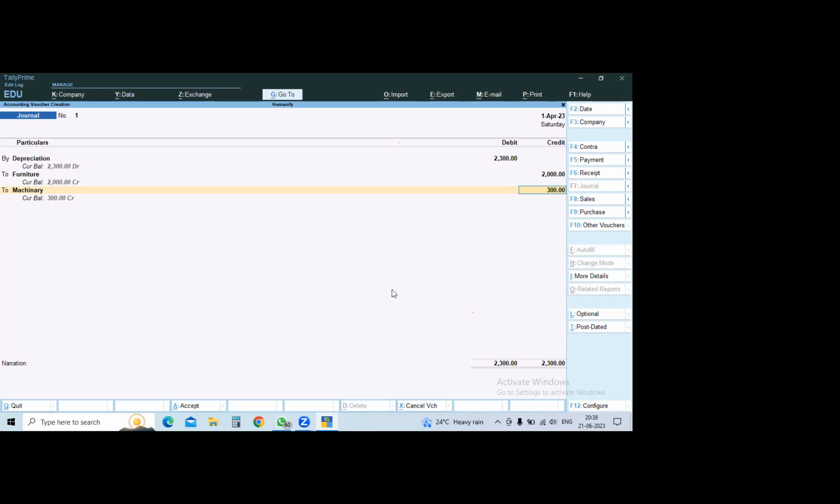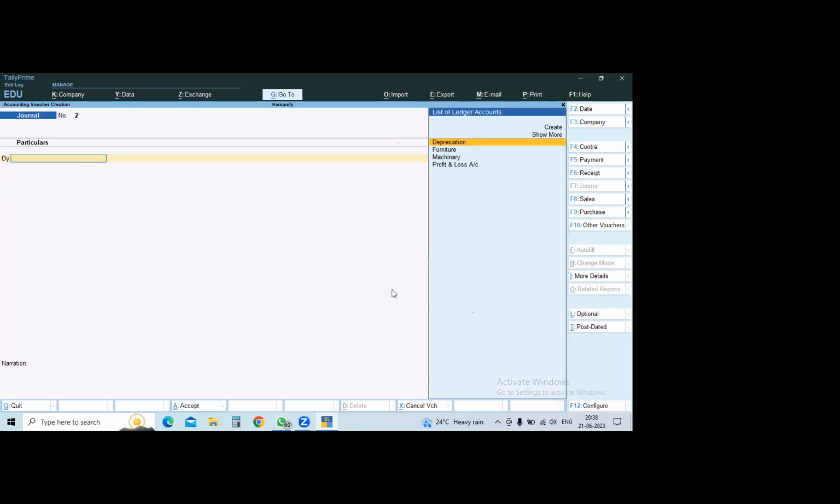We will discuss those things clearly, because we have not yet entered the profit and loss account or balance sheet. Once we do all the entries and check the profit and loss account and balance sheet, you will understand clearly.